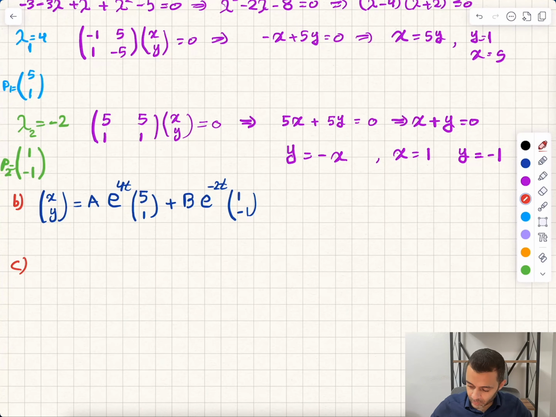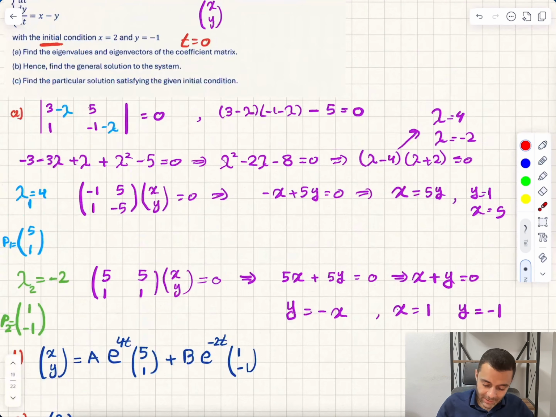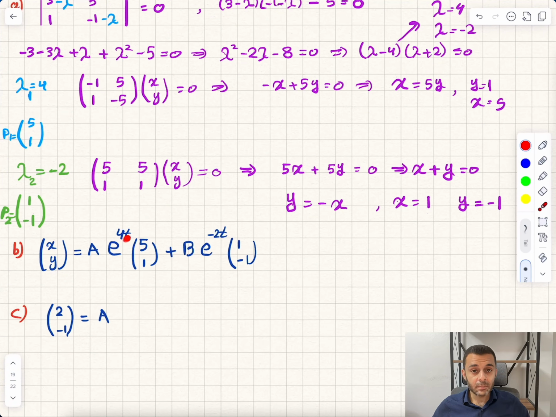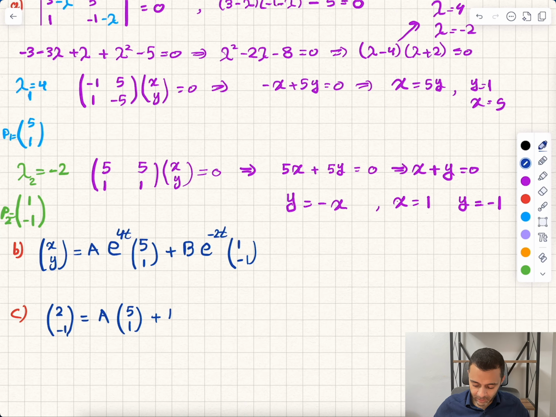So here now 2 and then negative 1 equals, you keep a as it is. Now notice that here t is 0. So you will replace here t by 0, then e to the power of 0 will be 1. 1 multiplied by anything, you can ignore it. You will have 5, 1. Plus b, in the same way this e will be 1, so you have 1, negative 1.